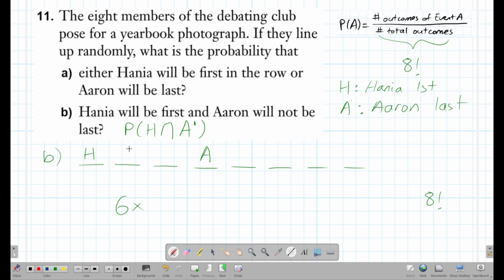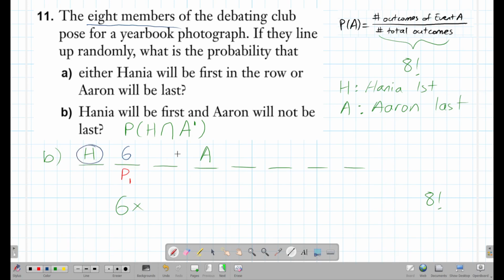Well, person 1 can be put here. And if you want to put person 1 here, there's 6 people that can be put in this position. Because besides Hania and Aaron, there's 6 members because there's 8 members in total.